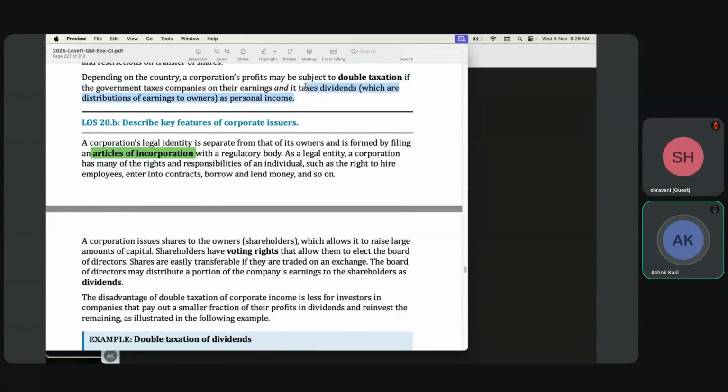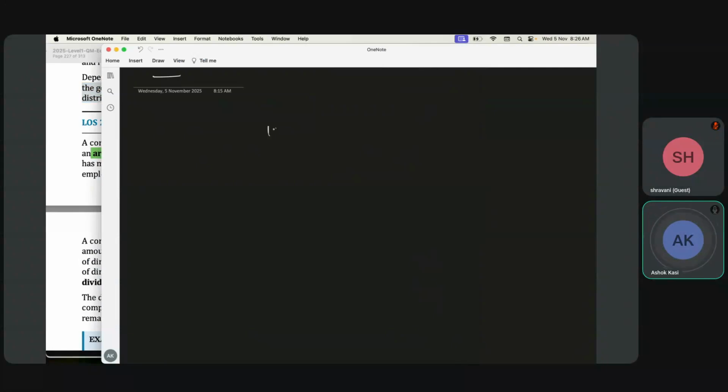Let's say the company made 100 rupees earnings before tax. If the tax is 30 percent, now it is 70. Now assume all these 70 rupees is paid to you as a dividend.